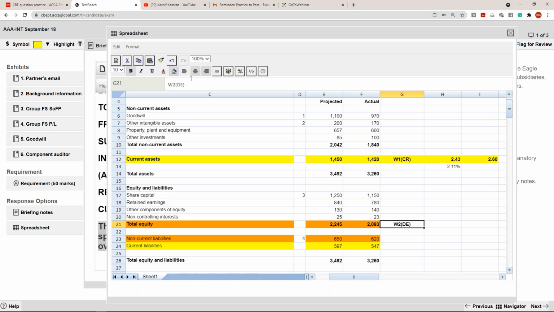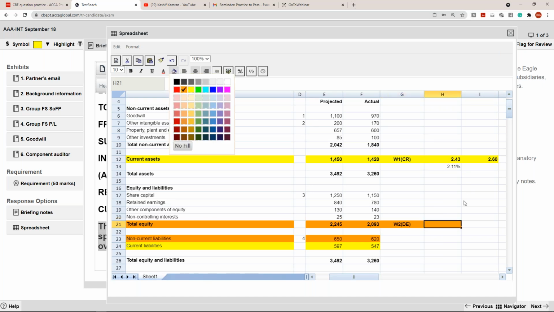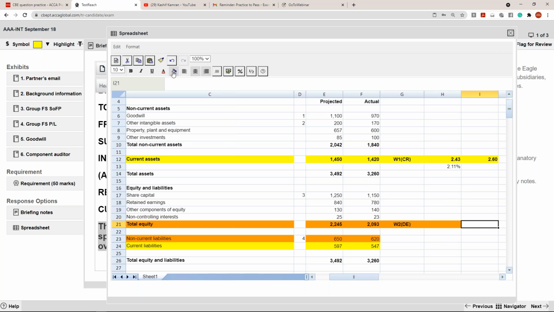By the use of the formula find the debt to equity ratio. And in the same way you copy the P&L and you find the ratios of the P&L. Is that clear? Have you found some relevance of using the spreadsheets and how you connect the spreadsheet with your current ratios and debt to equity ratio?